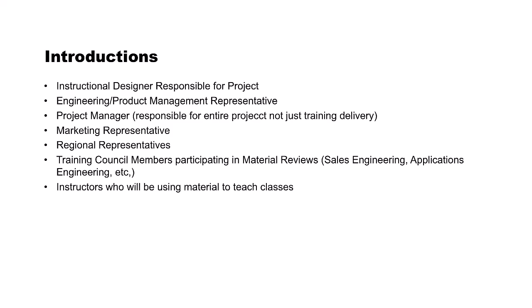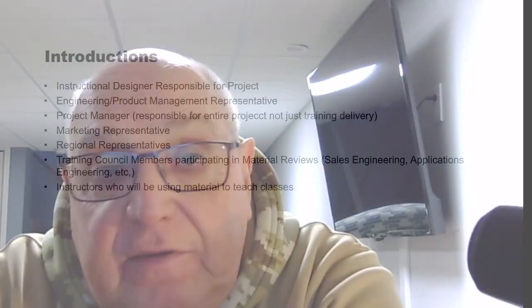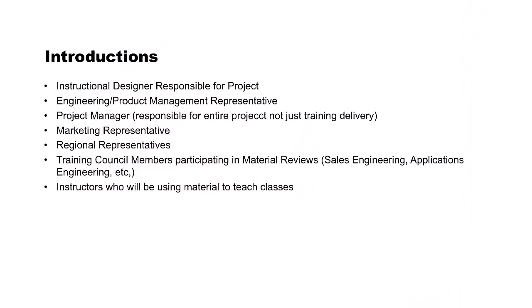If you have project managers, this would be the project manager of the entire project. So not just training delivery or development of the training material, but for all of the product going from A to Z. You want your marketing representative, and sometimes that can be more than one. Regional representatives is going to be more than one. How many regions do you have? Then you would have that training council membership.